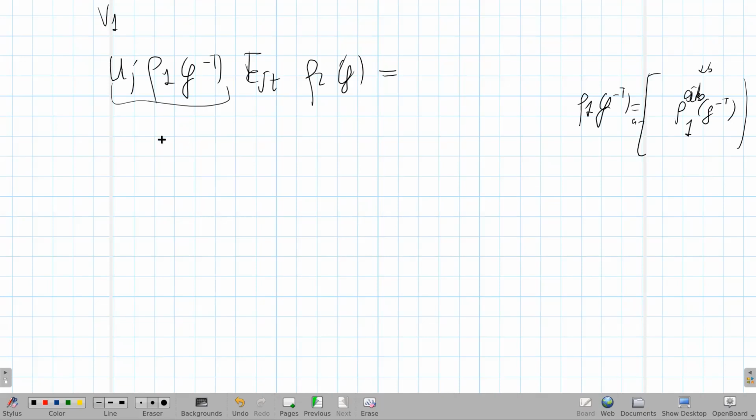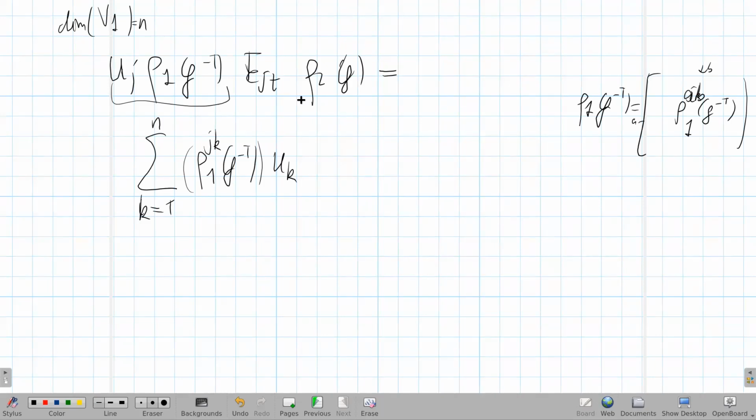So this will be a sum from k equals 1 to n, because this has dimension n, of the coefficients times the Uk, with coefficients the jth row of this matrix, so rho1 JK of G inverse.